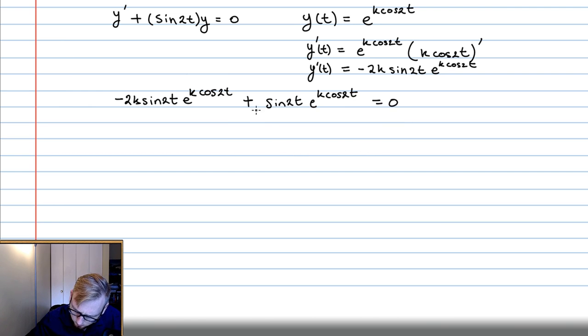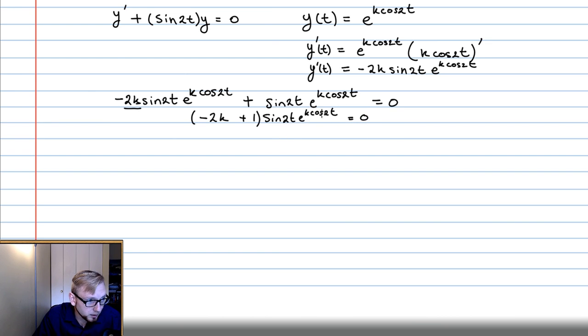And look what common factors we have again. We can divide by this sine of 2t e to the k cos of 2t. First, I'll just take them out, make it easier on you. So we've got negative 2k plus 1 times sine of 2t e to the k cos of 2t equals 0.